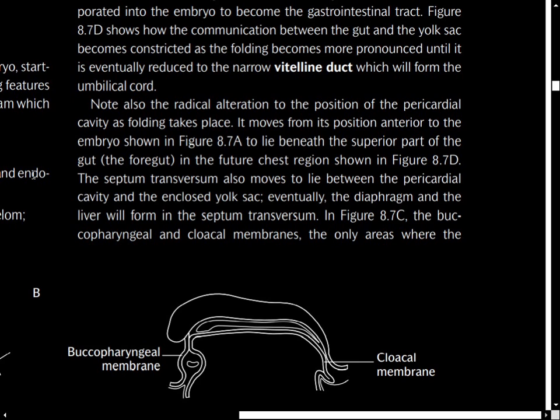The septum transversum also moves to lie between the pericardial cavity and the yolk sac. Eventually, the diaphragm and the liver will form in the septum transversum.